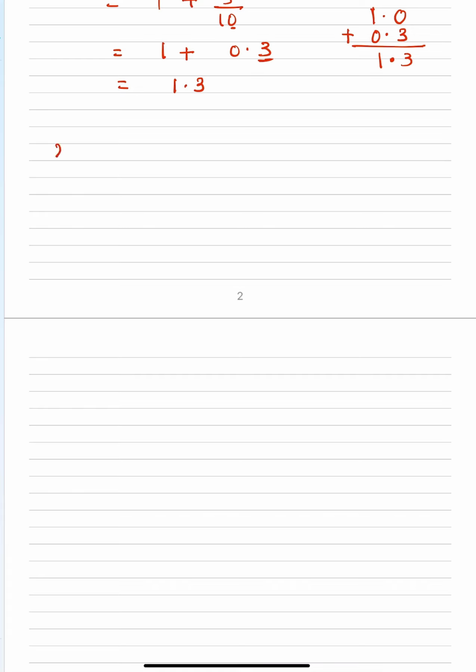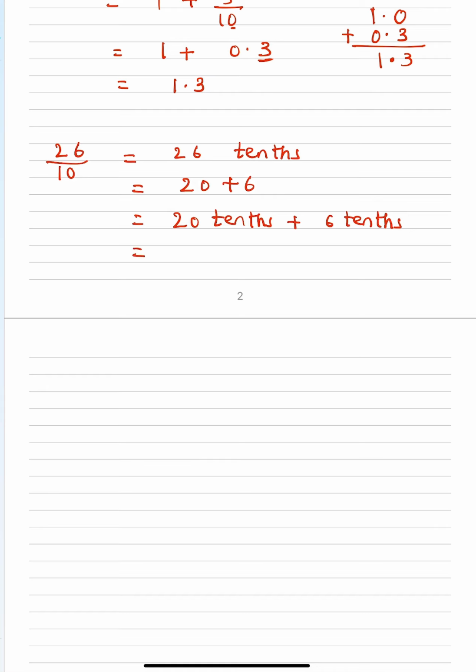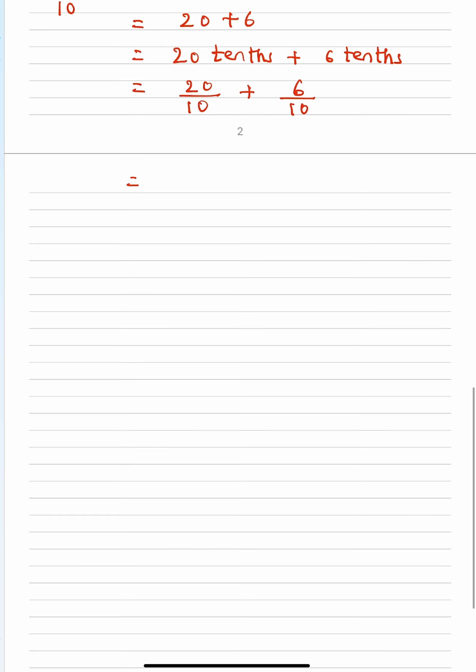Suppose it is 26 upon 10. Then we write 26 tenths, which is 20 plus 6. So I write 20 tenths plus 6 tenths, that is 20 upon 10 plus 6 upon 10. This becomes 2 plus 0.6.